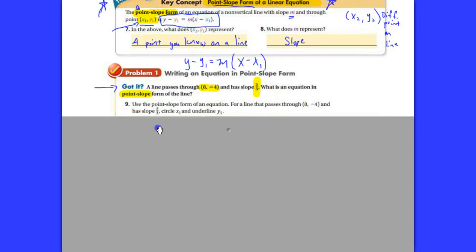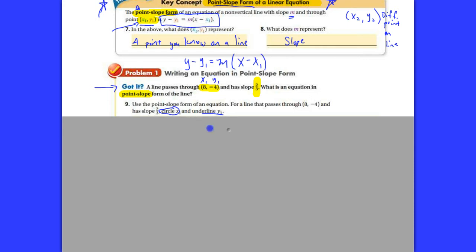It says to use the point-slope form of the equation for the line through 8, negative 4, with slope 2/3. It says circle x sub 1 and underline y sub 1. This 8 is x sub 1, the x value of the point on the line, and negative 4 is y sub 1.